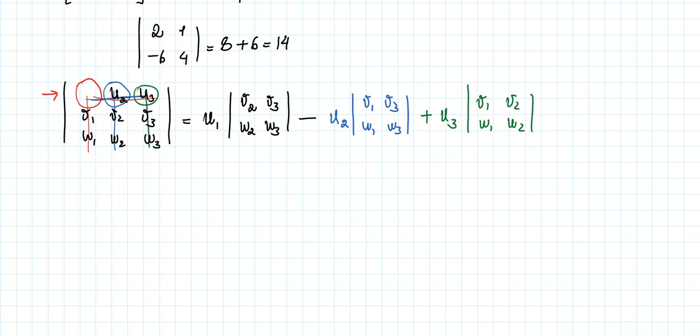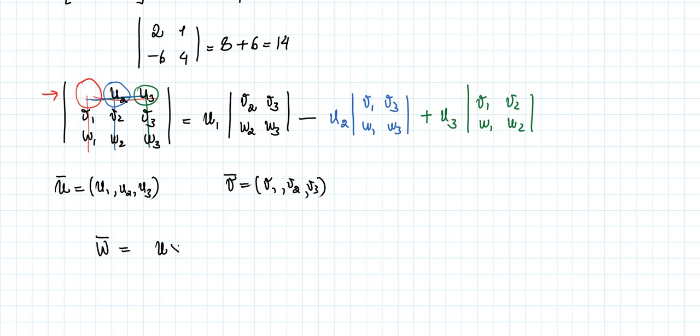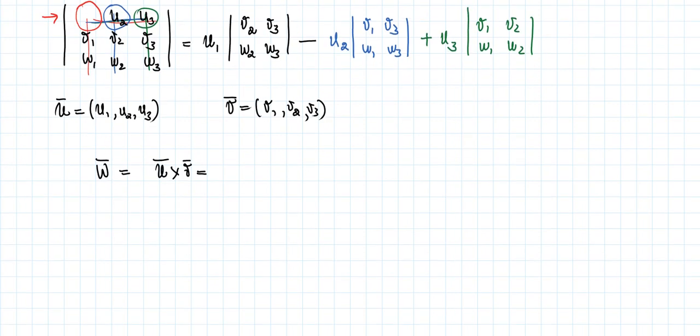Okay? So let's say we have the vector U with the components U1, U2, and U3, and vector V with the components V1, V2, and V3. Then the vector omega, which is the cross product of U and V, can be found by finding the determinant of the following matrix.